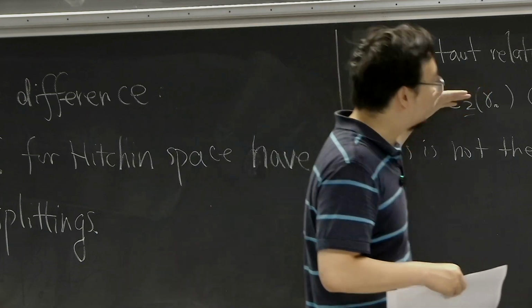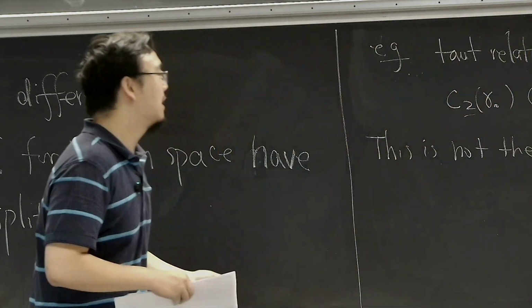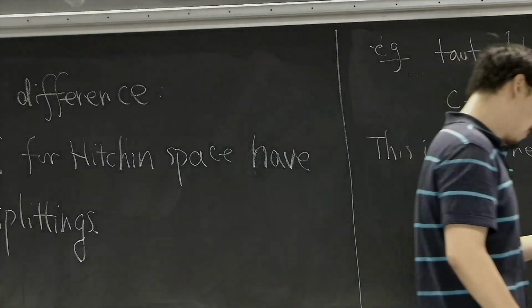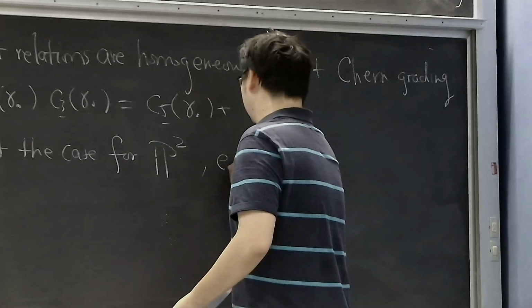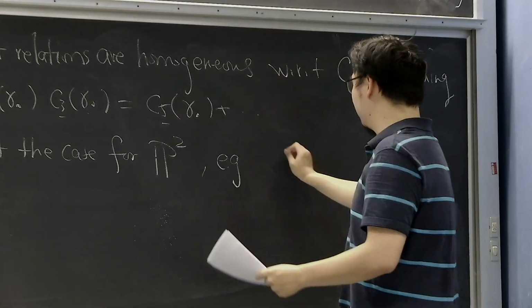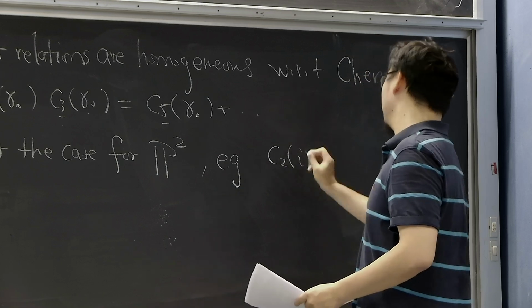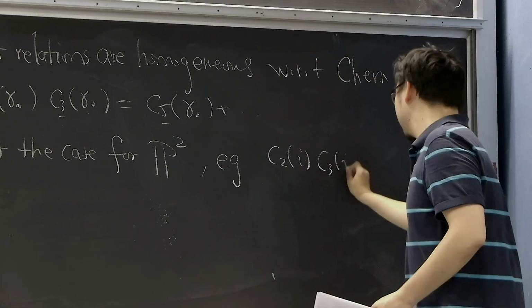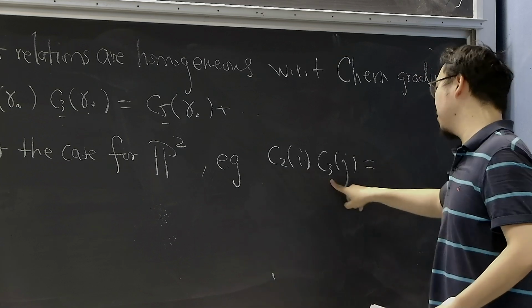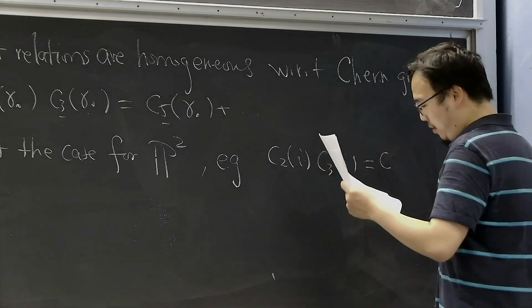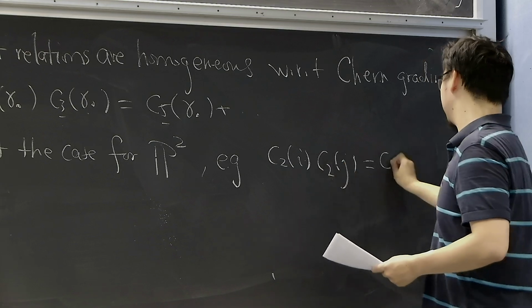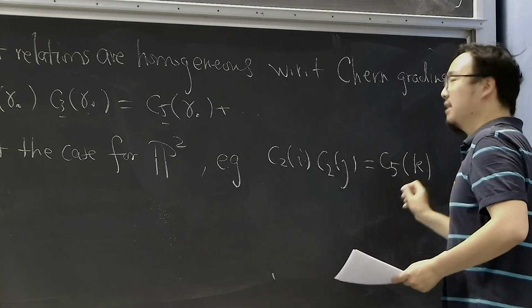But now when the first relations start to show up, actually they are not homogeneous with respect to the Chern grading. So for example, it can happen something like c2 of I times c3 of J, which has Chern grading 5, is equal to c2 times c5 of something.